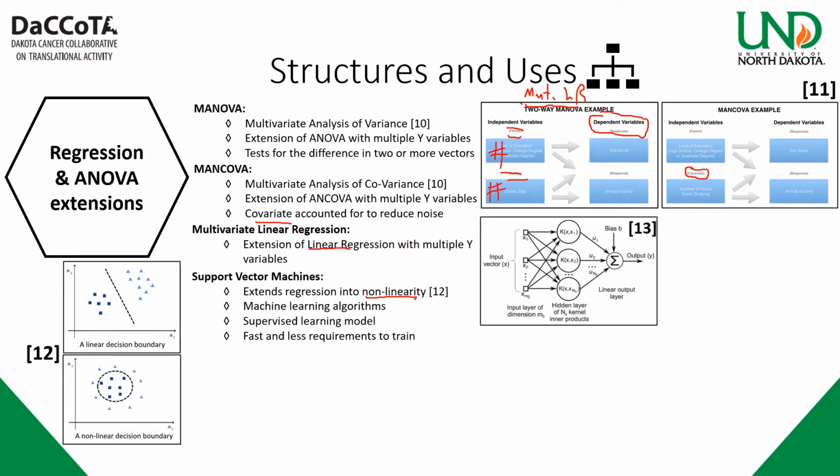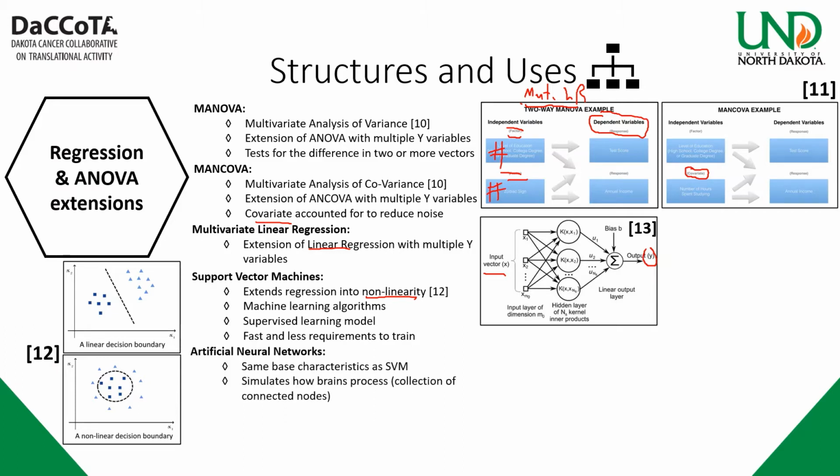And this is what the model schematic looks like. You have these input variables, so your x variables, and at least here we're looking at just one y variable, but then you have this hidden layer of things going on underneath before you get the outcome.